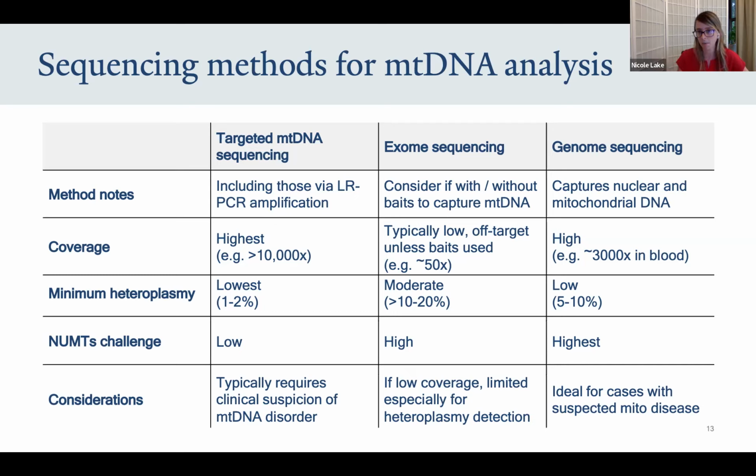Indeed, there have been a number of studies coming out in the last few years where groups are going back to their large unsolved rare disease cases and finding mitochondrial variants that were missed because these were cases that weren't suspected to have primary mitochondrial disorders. So showing the potential utility of follow-up of the mitochondrial genome in broad unsolved cases.